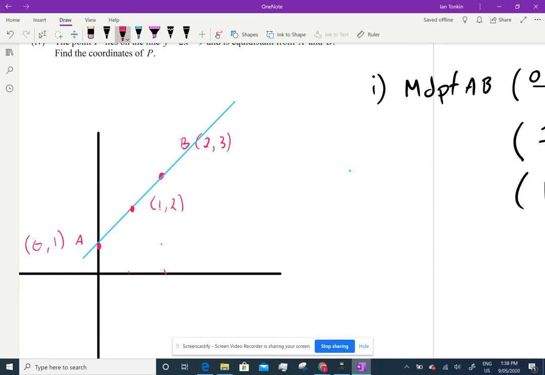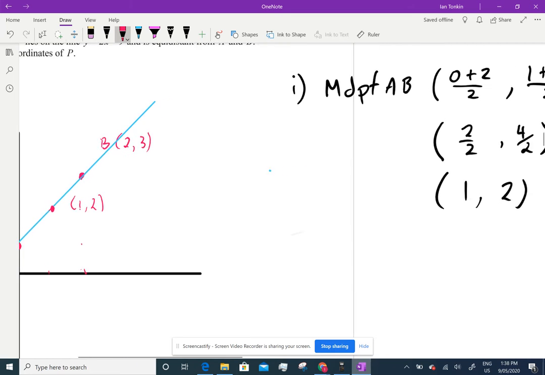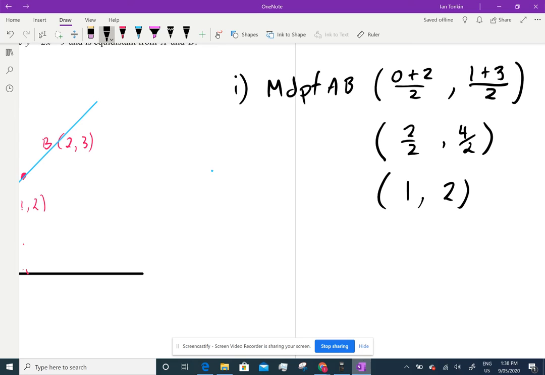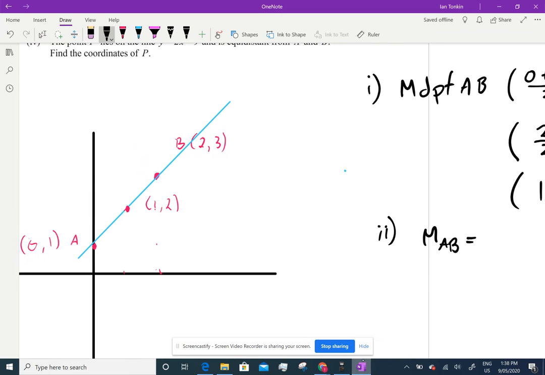Okay, find the slope of the line AB. Well, having a diagram here, this looks pretty steep, and it's a positive one, so that helps me. So number 2, the gradient of AB, subtract the y values. Now I'm going to do what I should have done first. I'm going to write them above each other. 2, 3, 0, 1.